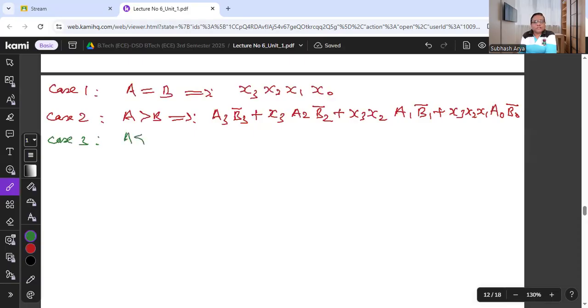Now case 3, A is less than B. For that we have to write A3 bar B3, the most significant bit.